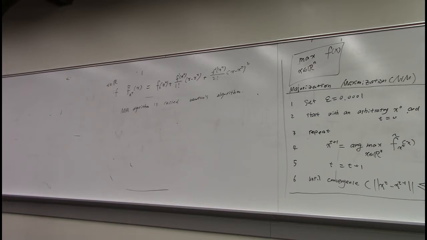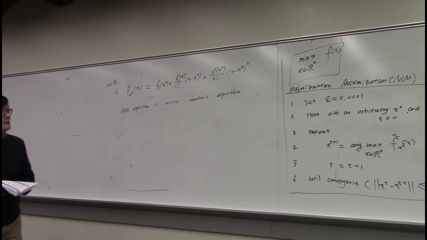I hope now you know what gradient descent and Newton's method are, the two most popular algorithms in optimization. So this is the second order Taylor expression.